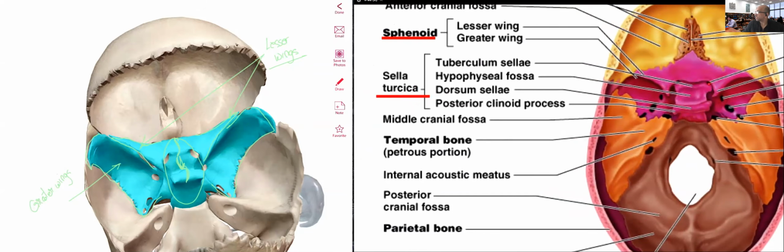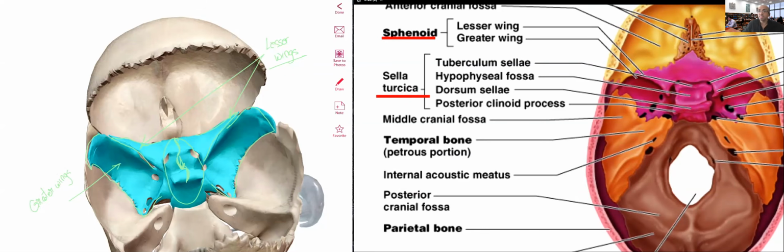Sella Turcica is going to be formed of a tubercle, a hypophyseal fossa, this depression, and the posterior process. So what we need to know is just the name of the whole thing. You don't need to identify the smaller parts of the Sella Turcica, but you need to remember the name of the whole thing on here.